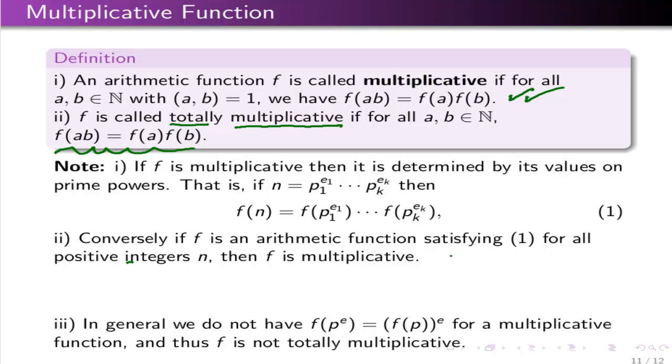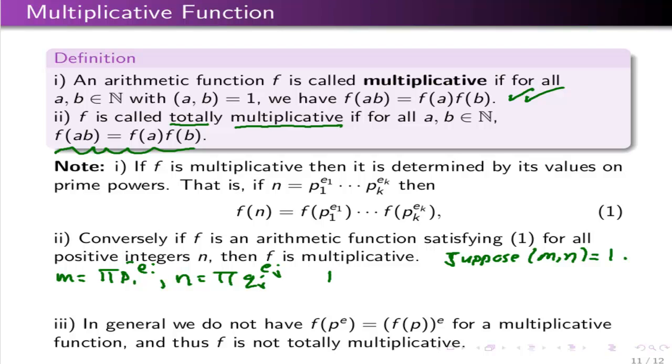Indeed, suppose m and n are relatively prime, so they have prime factorizations with distinct primes. So say m is a product of pi to the ei's, and n is some product of qj's to the ej's, where the pi's are all different from the qj's.